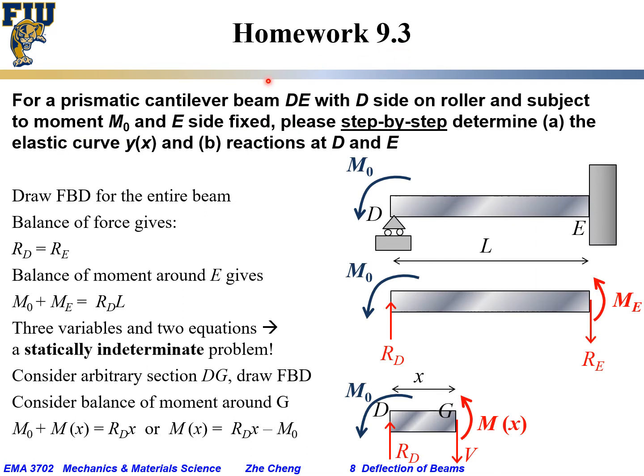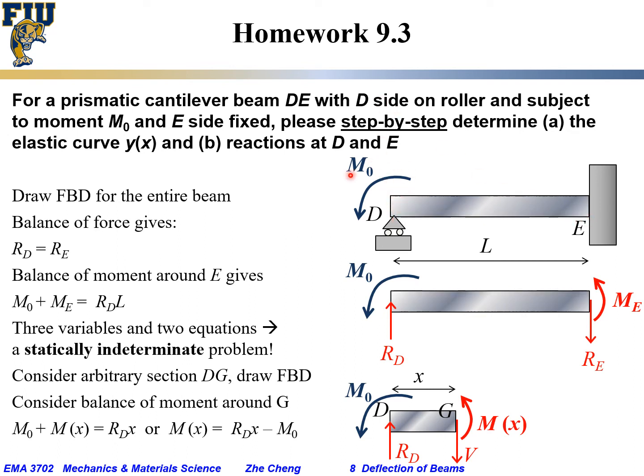Homework 9.3. A prismatic cantilever beam DE: on the right side E, it is clamped, fixed onto the wall, and the D side is on a roller.